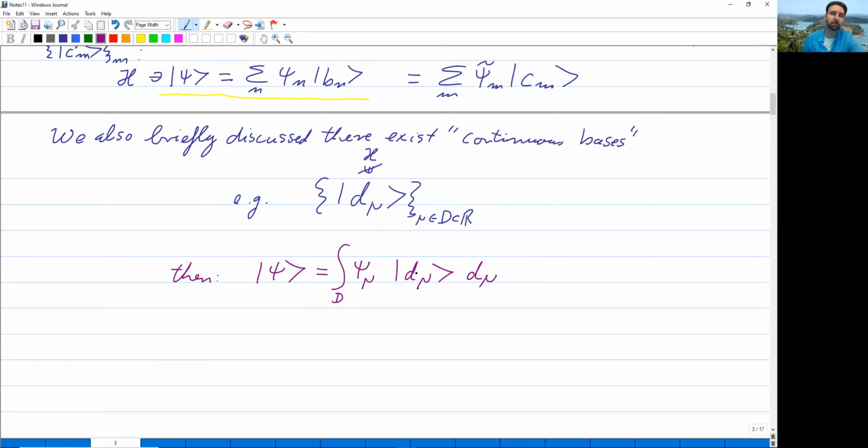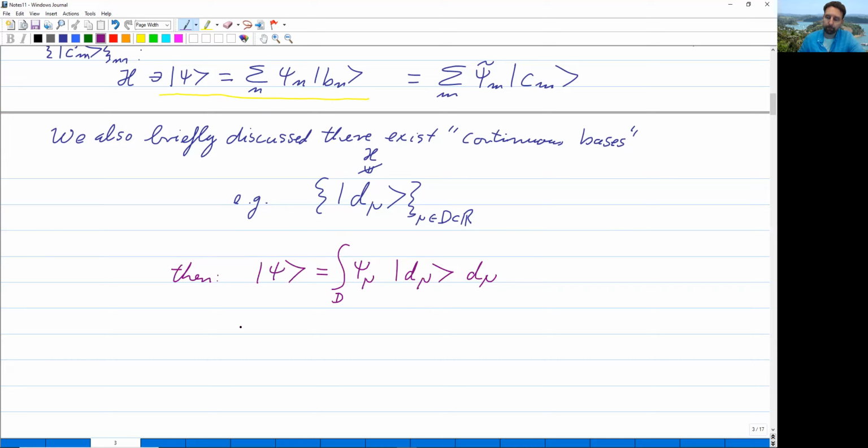As I said, we haven't properly defined what these things are, and what the integration over vectors is, but for now, let me just tell you that this can be properly defined. So this is structurally very similar to what we have here underlined in yellow. This is an integral instead of a sum, instead of a series, but other than that, it's very similar.